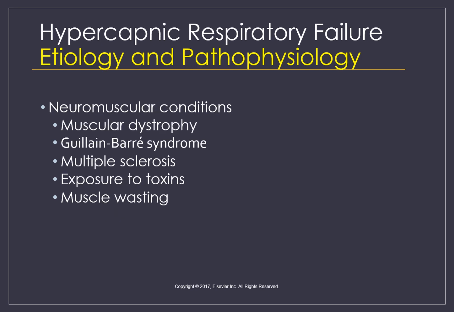Then neuromuscular conditions: Guillain-Barré, muscular dystrophy, multiple sclerosis, exposure to toxins, and muscle wasting of the chest. We see muscle wasting a lot with COPD patients. The work of breathing uses up so much energy, so many calories. It's very tiring, and eventually those muscles do begin to atrophy.